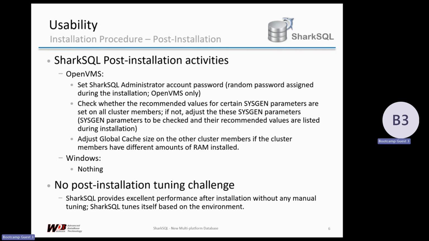You have to check on your own whether the recommended system parameters are set on the OpenVMS systems. And if you are running SharkSQL within a cluster environment, you probably don't have cluster members with the same hardware characteristics. Probably you have a bit more memory on one server than on the other, so you have to adjust it on a server basis. And that's it, nothing more.